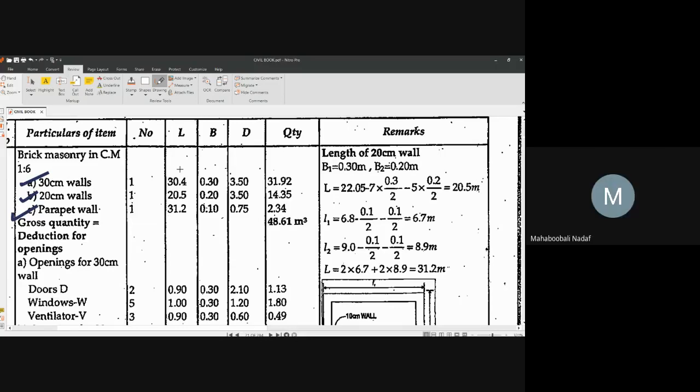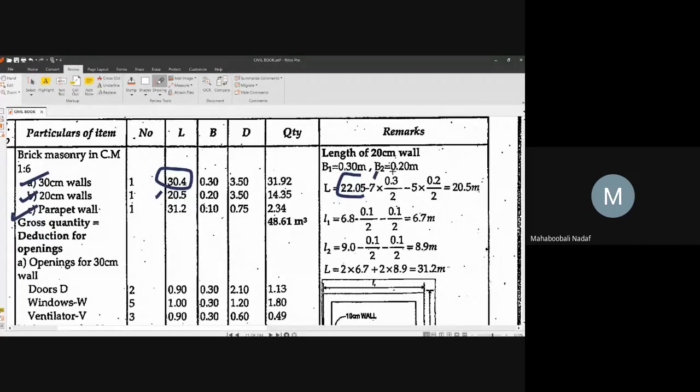Now, 30.4 no correction because there are no junctions. Now, for the second 20 centimeter wall, what to write? Original calculated was 22.05. In that there should be corrections, na?